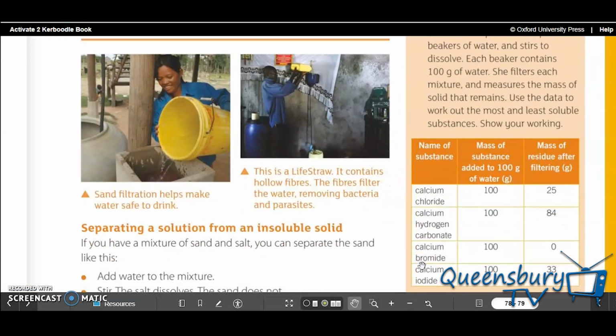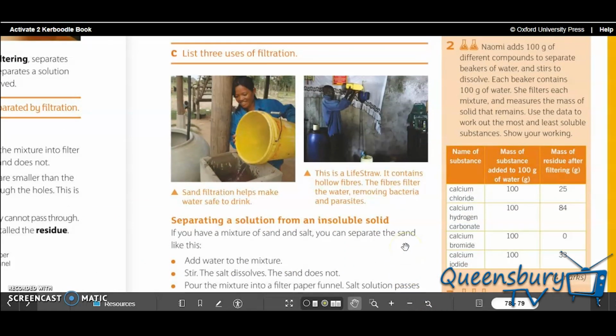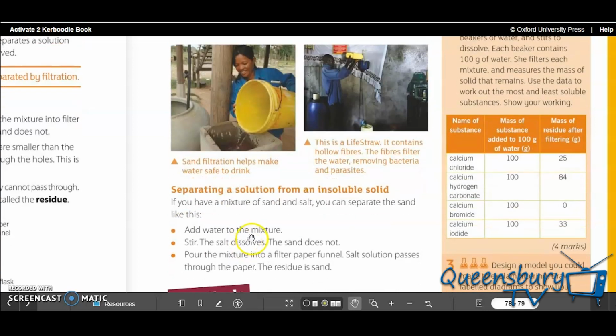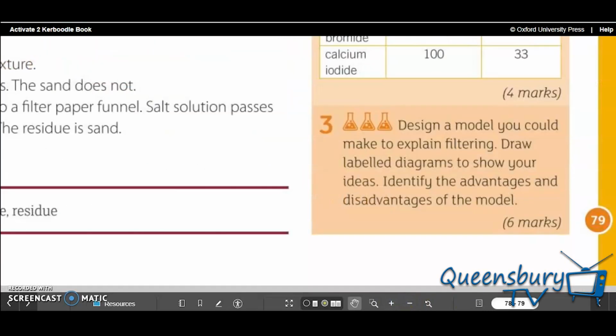So again, if you pause the video, you can zoom into this and have a go at question 2. And for those who want to really challenge themselves, I'd like you to have a go at question 3. It's worth 6 marks, so it is at a higher level.